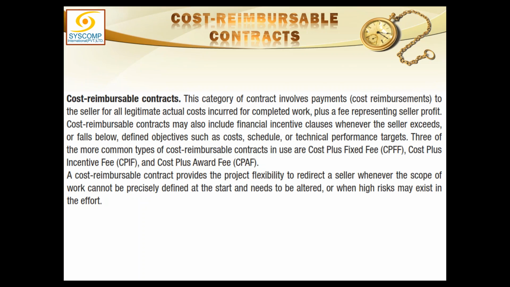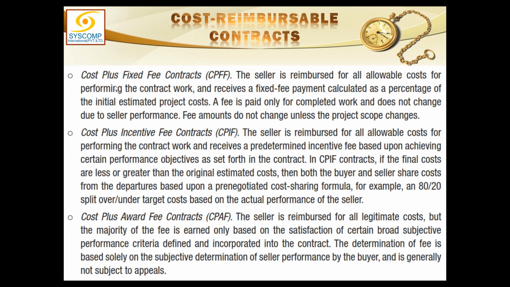Now the effort he is doing in this process could be paid separately. There are various methods of doing that. And those methods are cost plus fixed fee contracts. Cost means cost reimbursable. So all the costs which will be incurred, we will pay.